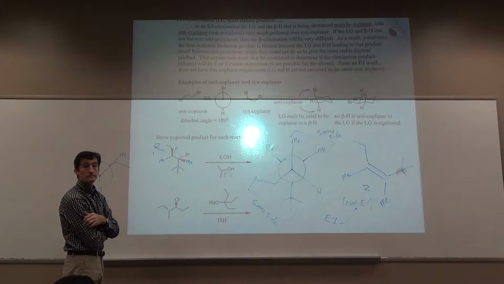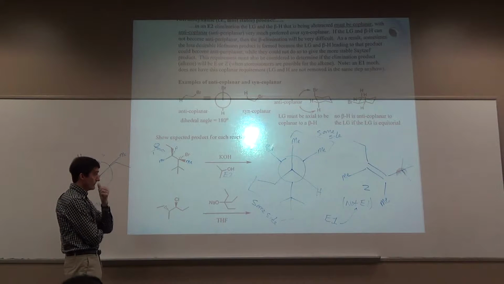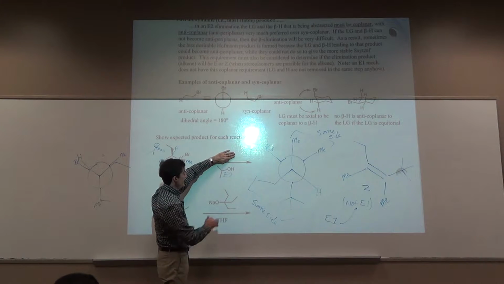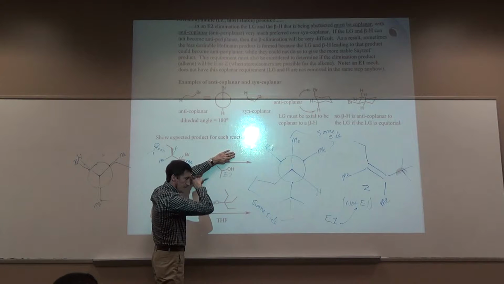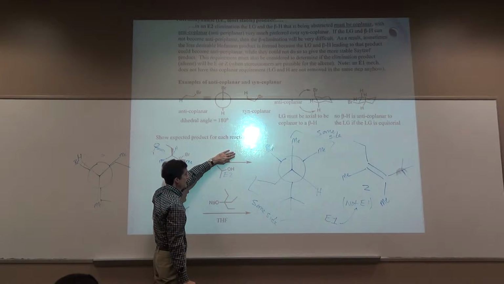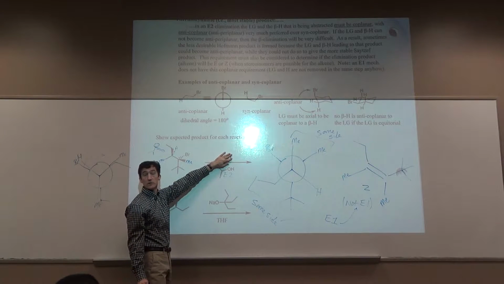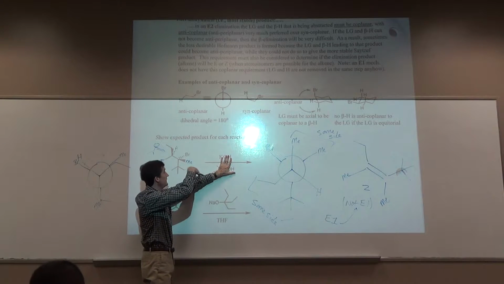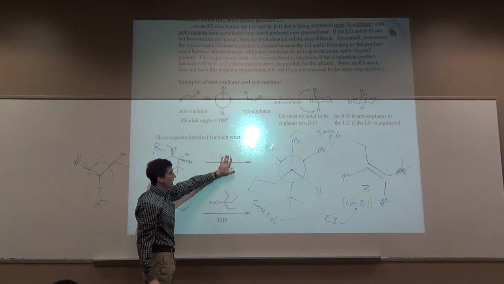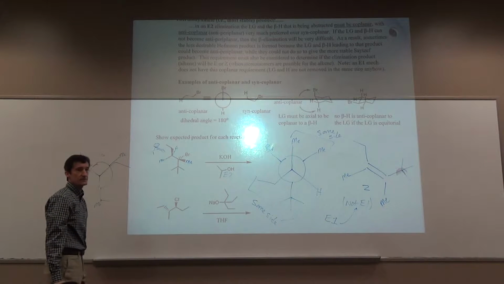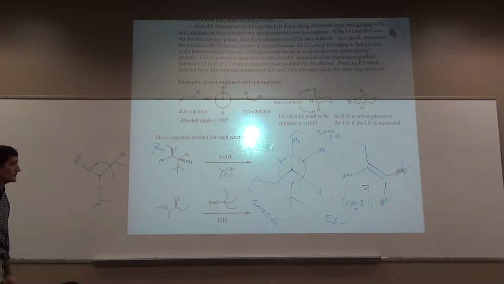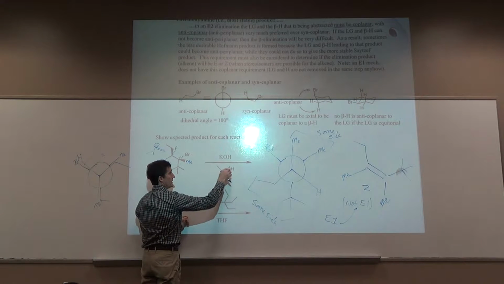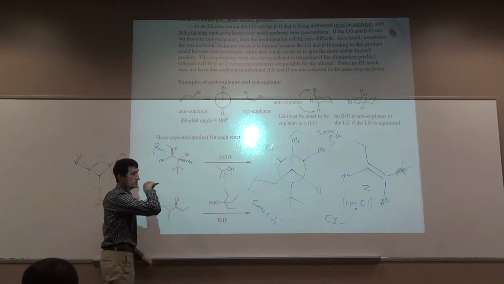Methanol. Water. Just without the KOH. Yeah, if you just heated it in isopropanol, it would be E1, because E1 actually doesn't even require a strong base. You can just heat this thing and it ionizes, and then the bromine acts as a base. Typically for E1, you just heat it in some inert solvent or a protic solvent. Something like this could act as a base. As soon as you put it in a strong base, it's going to start going E2.